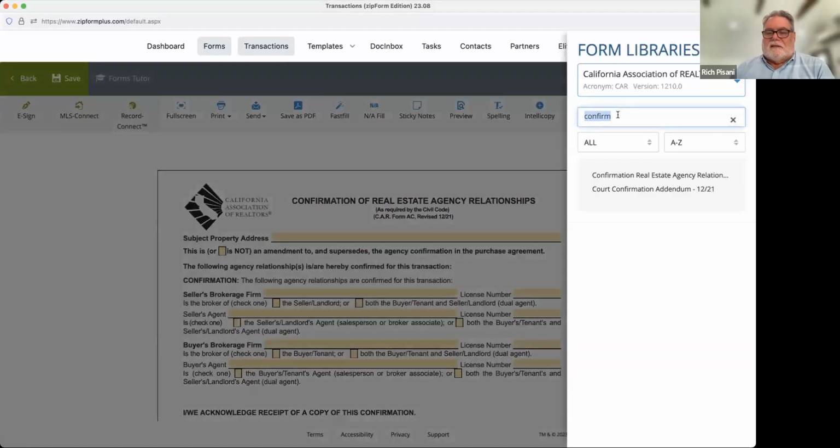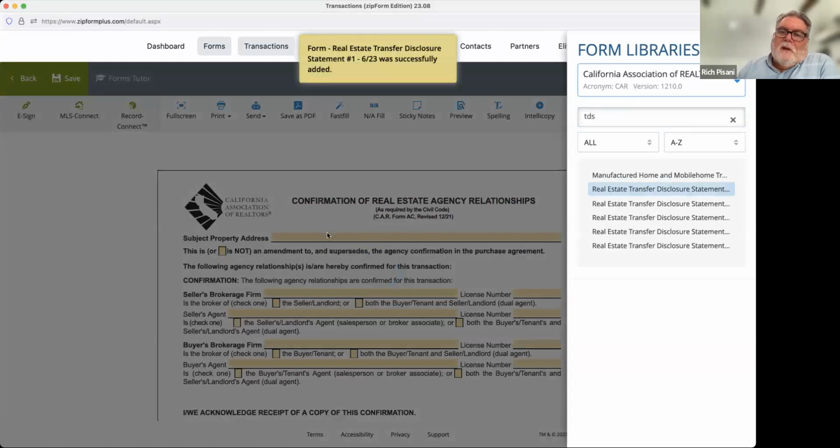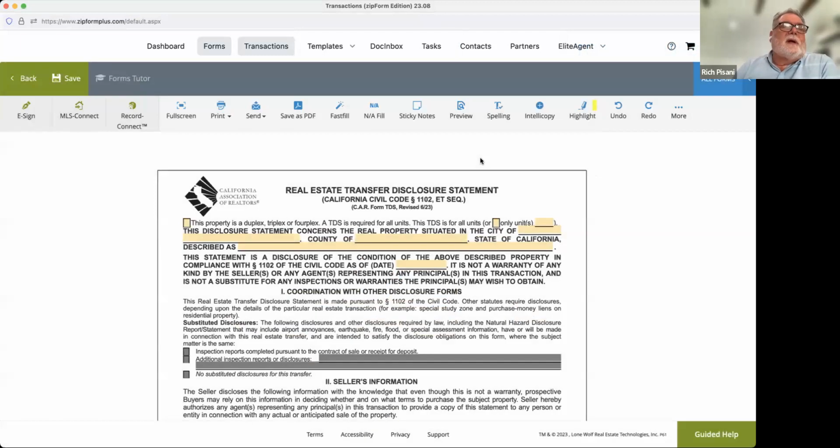Next one is the TDS. The TDS is a state required document to transfer real estate on a purchase, residential 1 to 4. It's exempt if it's a bankruptcy, if it's a probate, if it's a surviving trustee, or if it's a trustee who hasn't lived in the property for over a year and it's a revocable trust.